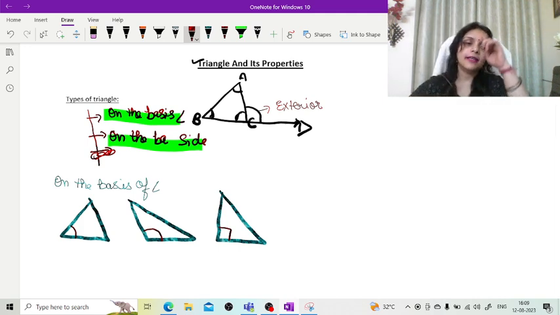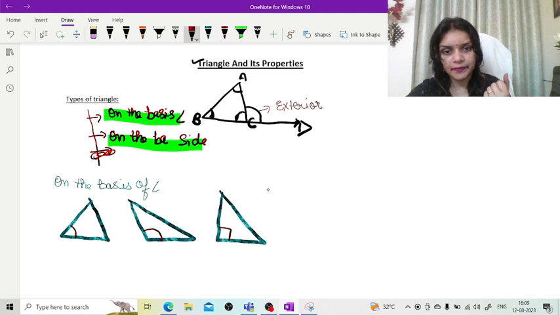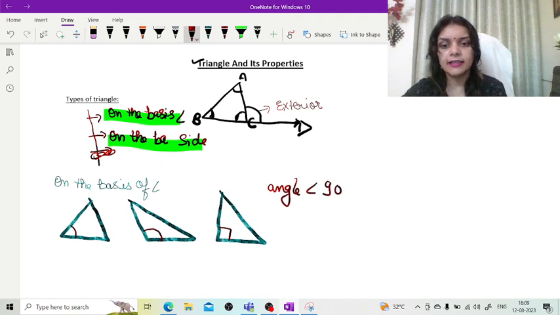Now the question is, what is acute and obtuse, right? Acute means if the angle is less than 90 degree, then it is an acute angle.